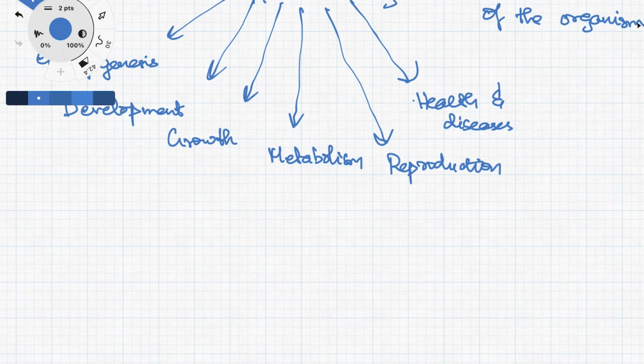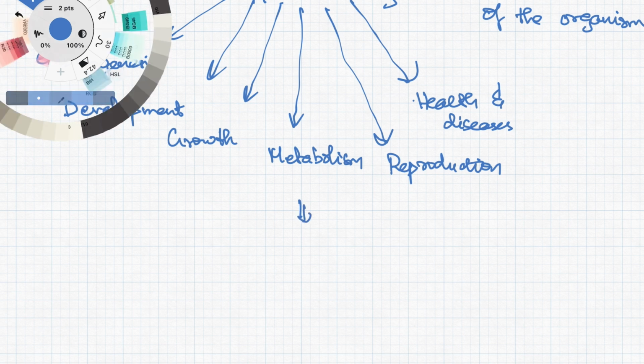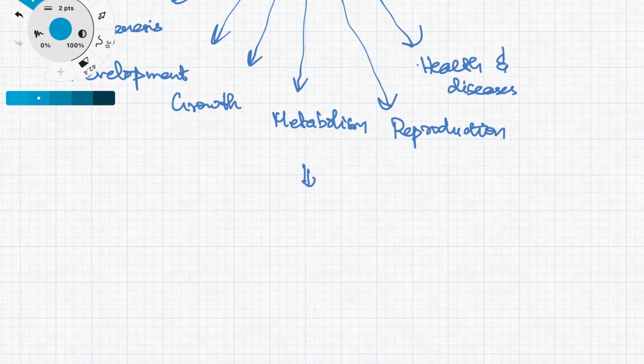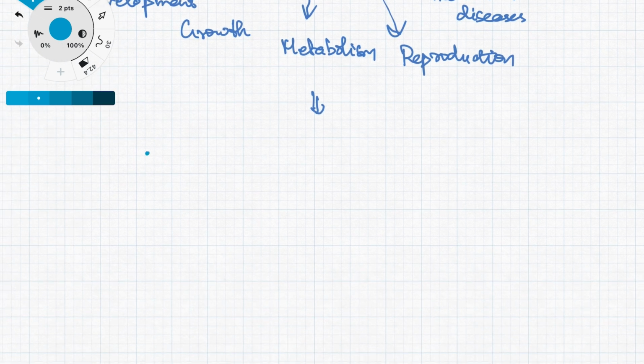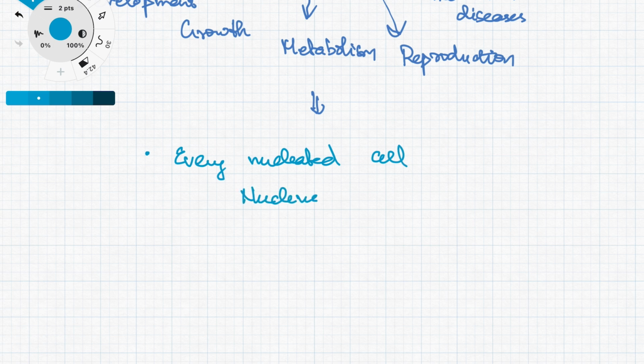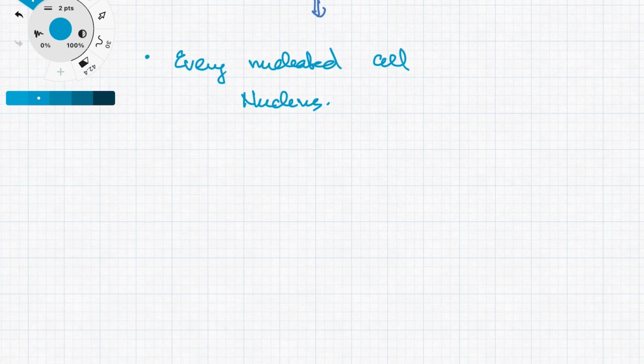Okay, so where do you see this DNA? The DNA is located in every cell with a nucleus. So it is present inside the nucleus. So if a cell has a nucleus, inside it you have this DNA. Now how much DNA does each of the cells have? They have one complete copy.